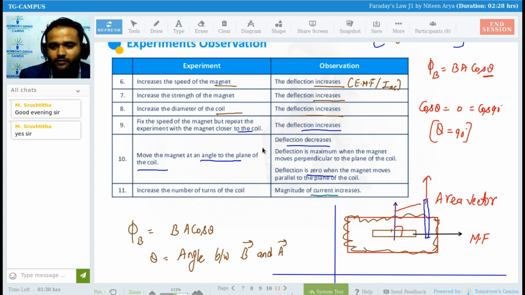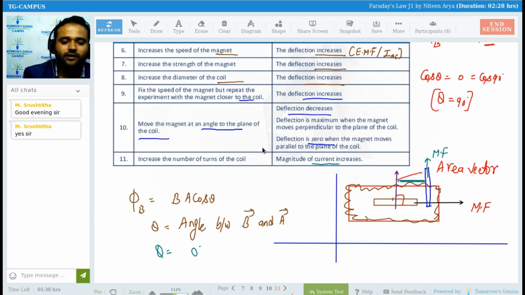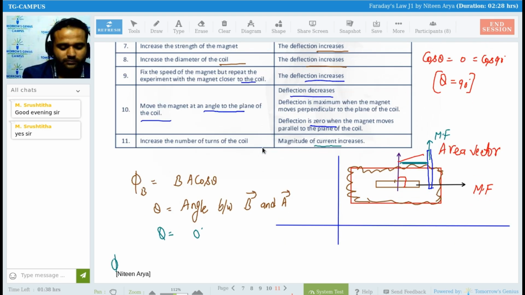Both the things are parallel, and when both are parallel, theta is 0 degrees, and when theta is 0 degrees, phi B is going to be maximum. And what is the maximum here? BA directly. Is this clear? Is this line clear or not? Because this line confuses you so many times.